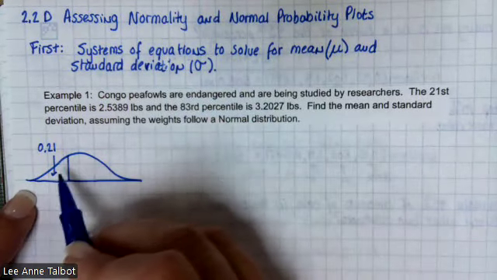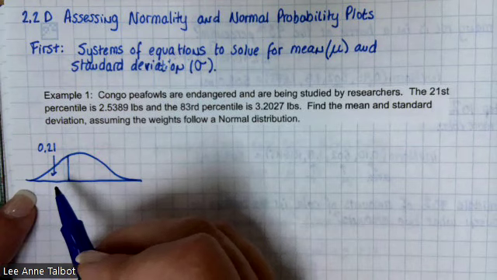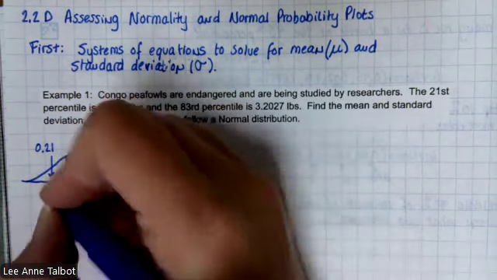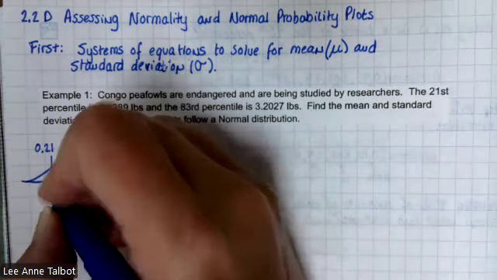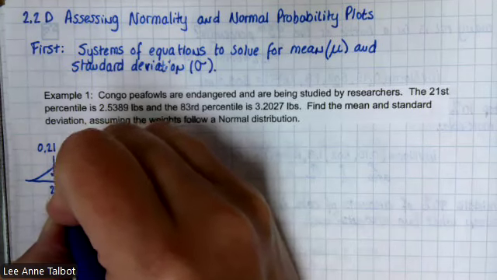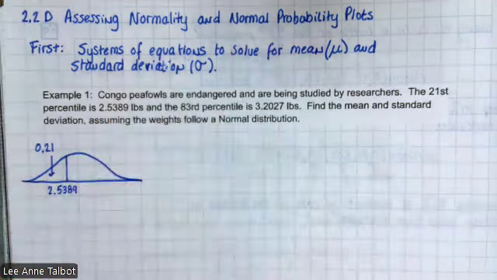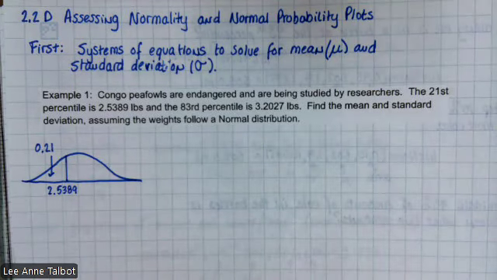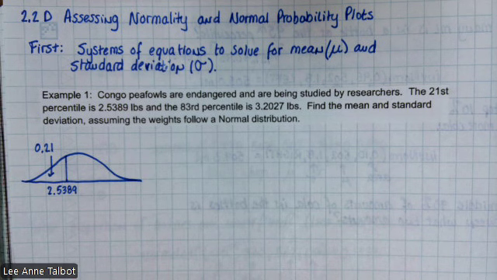So what I'm saying is this area is 0.21, and that would be 2.5389 pounds. Any questions about that?